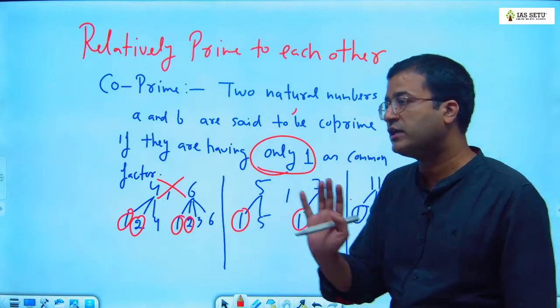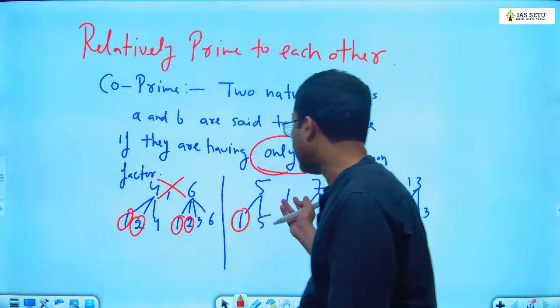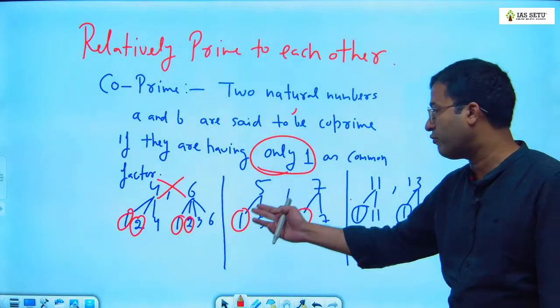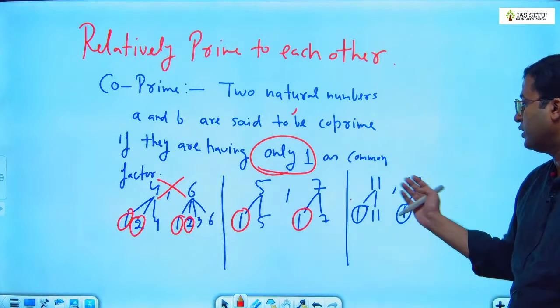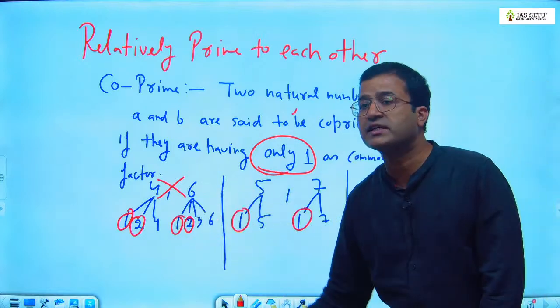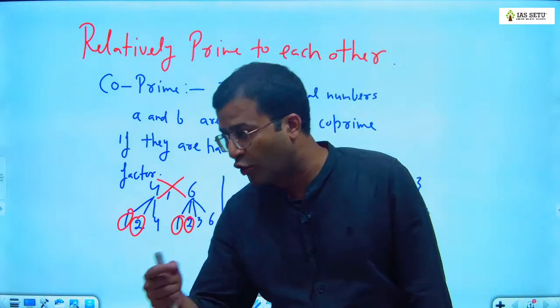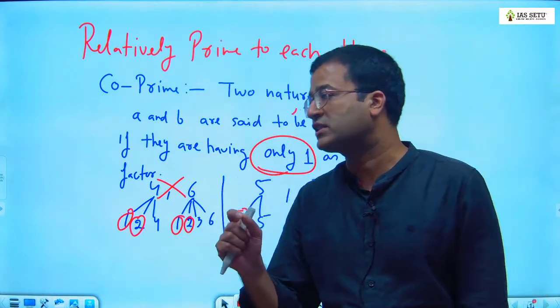If both conditions are satisfied, co-prime. Otherwise, no. Example, like 5 and 7. Factors of 5: 1 and 5. Factors of 7: 1 and 7. Common factor only 1. 11 and 13, common factor only 1. Whereas 4 and 6 don't have only 1 as a common factor. They have 2 also as a common factor. That's why 4 and 6 are not co-prime.